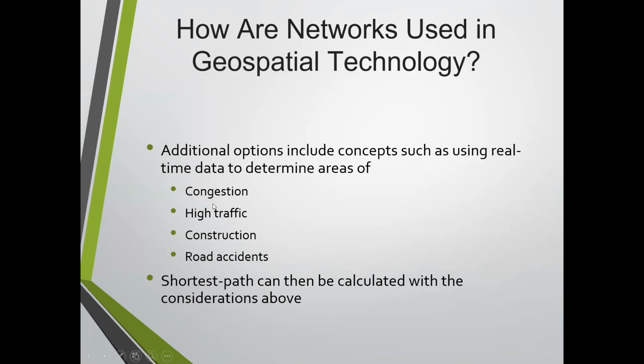It can monitor congestion, high traffic, and construction. Some of the DOTs can also transmit this data, and that information can then be utilized in conjunction with your navigation systems. So with the real-time feeds, we can really find out what's going on, and that's pretty cool.